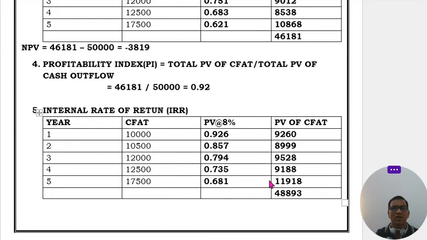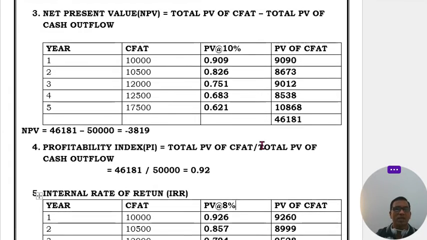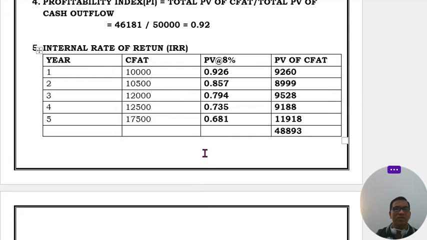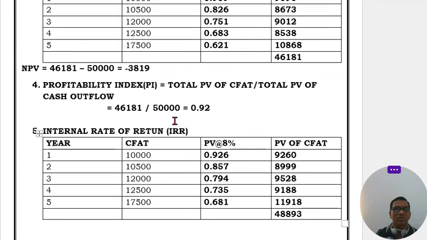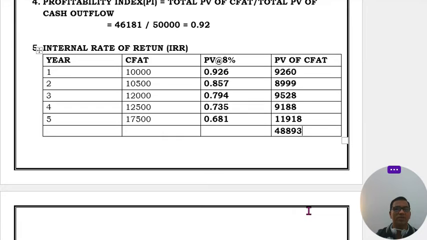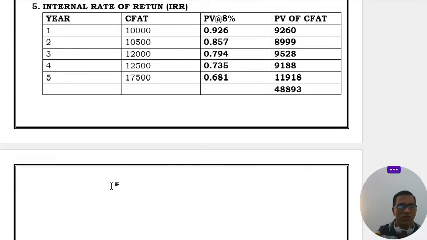So this is the total PV of CFAT taking the discount factor of 8%. We already calculated NPV at 10%, and now we took another NPV at 8%.